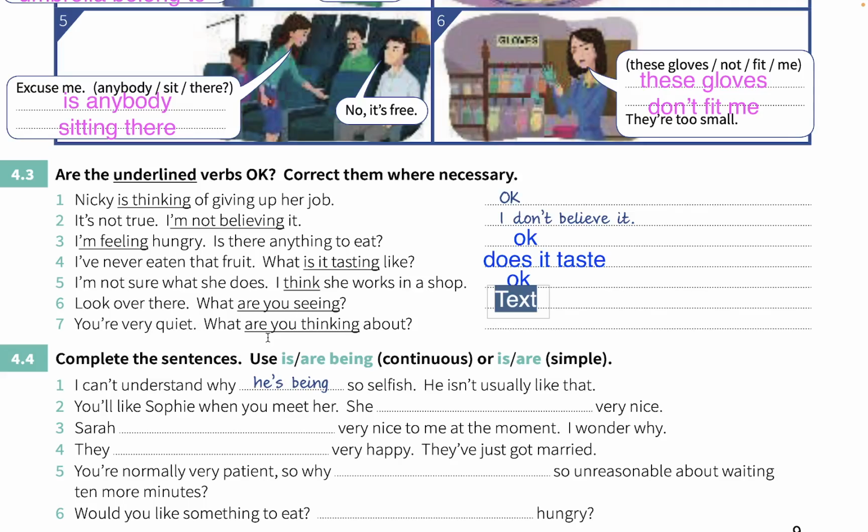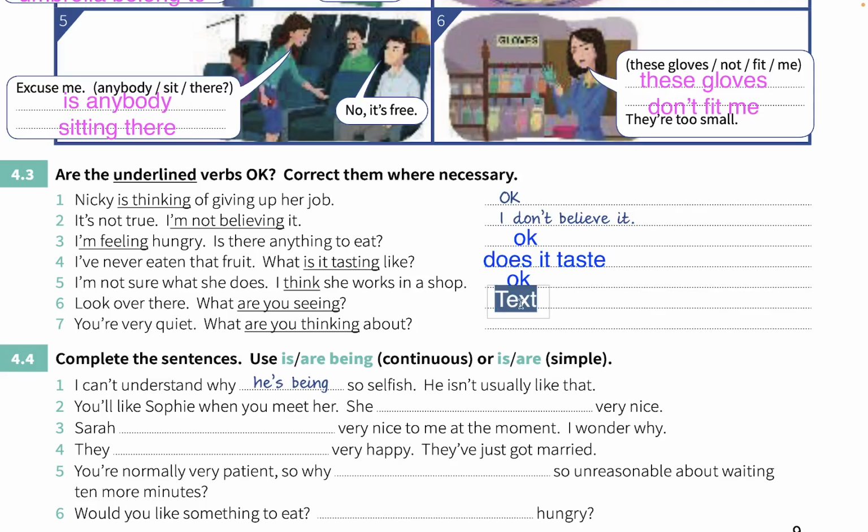Aiden? Yes, I'm having number 6. What are you seeing? Maybe read from here, from the beginning. Number 6. Look over there. What are you seeing?